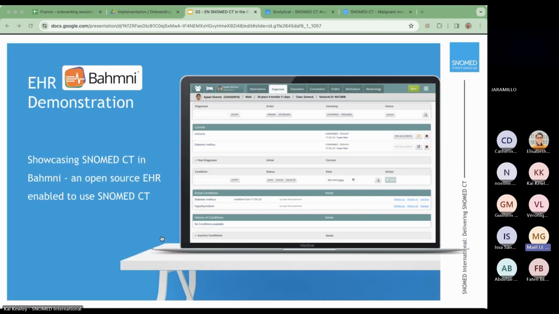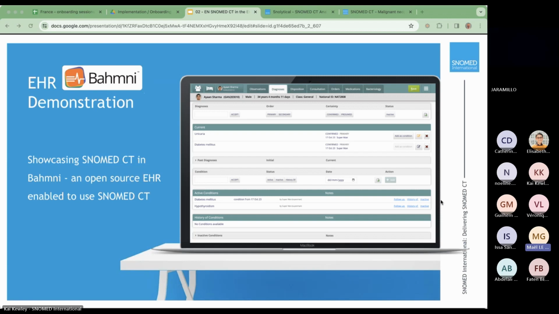The last part of this presentation is about another demonstration. During 2023, I worked with the Barmany organization, and they maintain an open source EHR system that's used in digitally maturing countries, including many areas of Africa. The project was to integrate SNOMED CT.